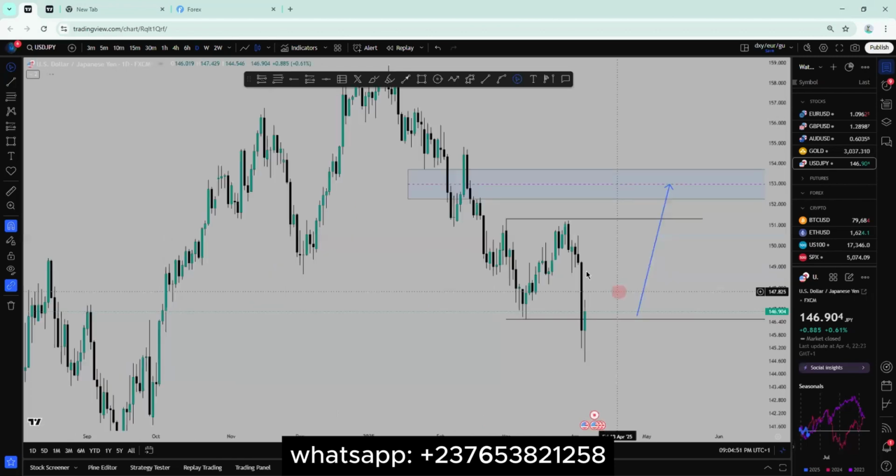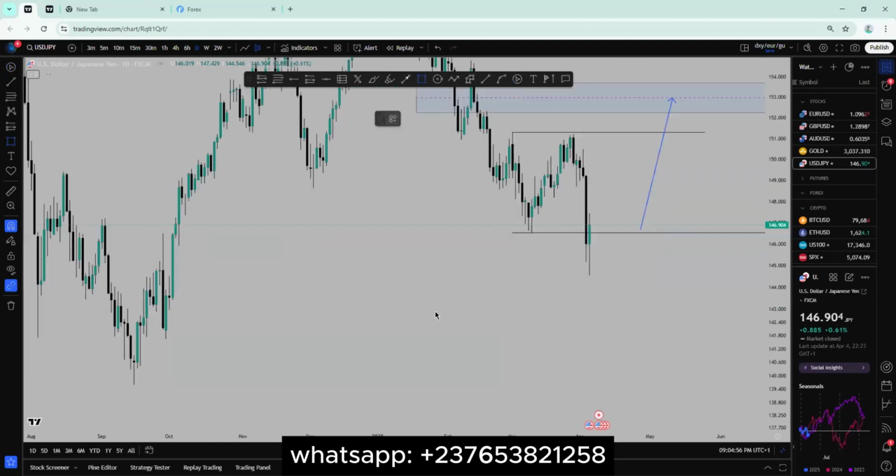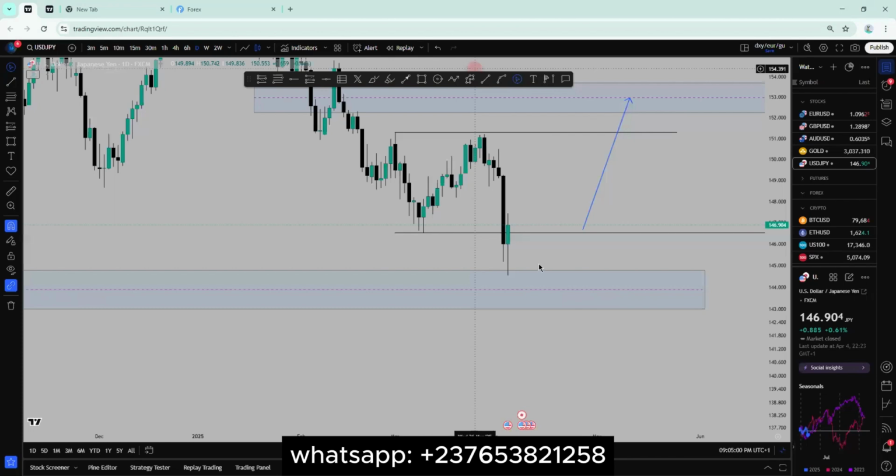Yeah, so good. We have this other block here, and then this is a CRT. So higher prices on USD JPY.